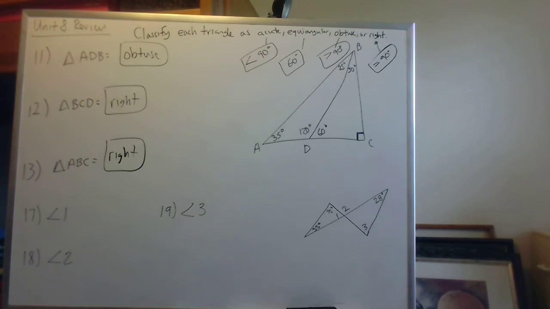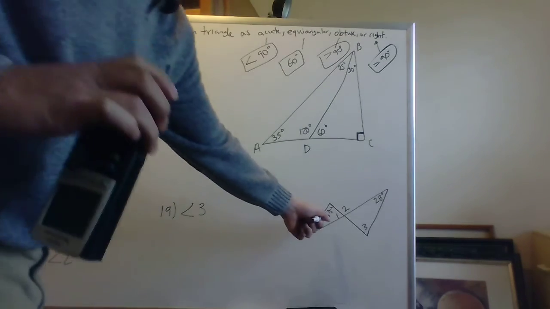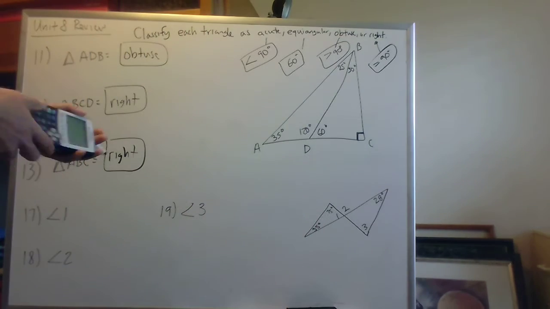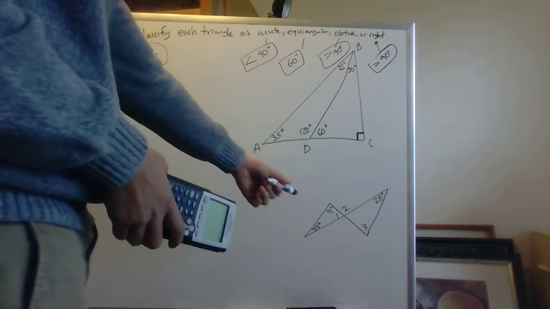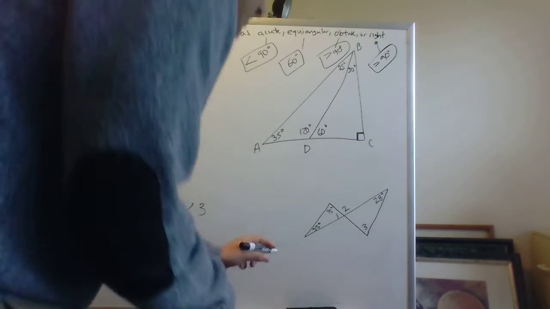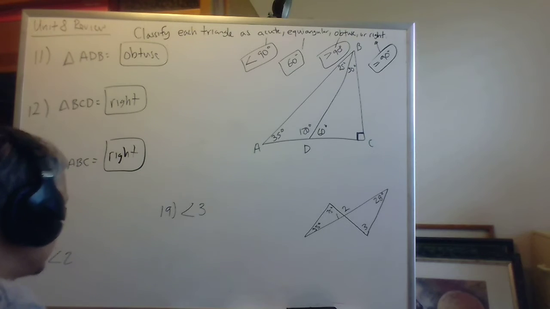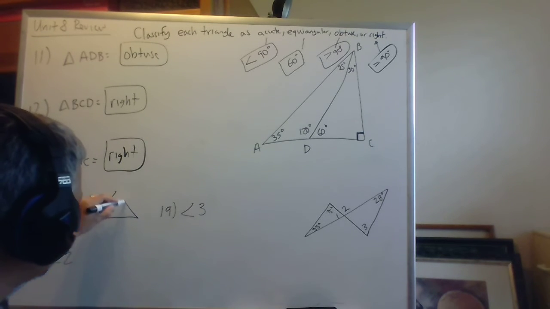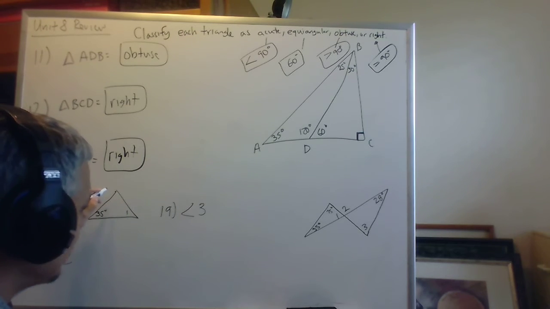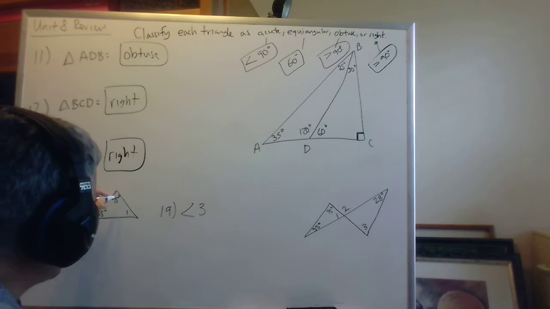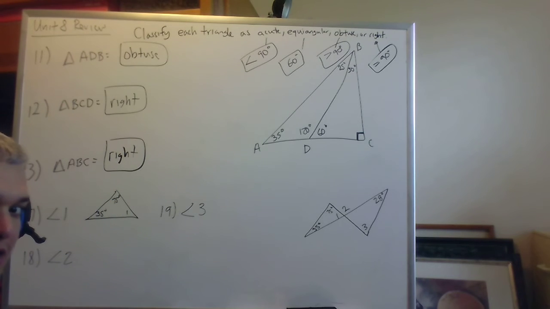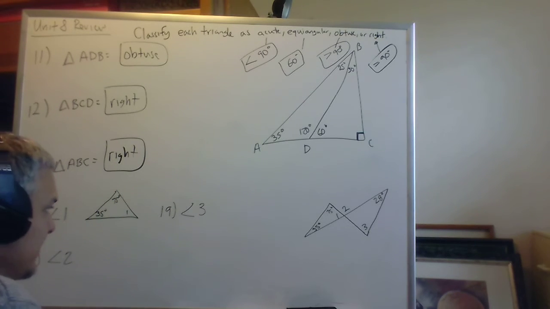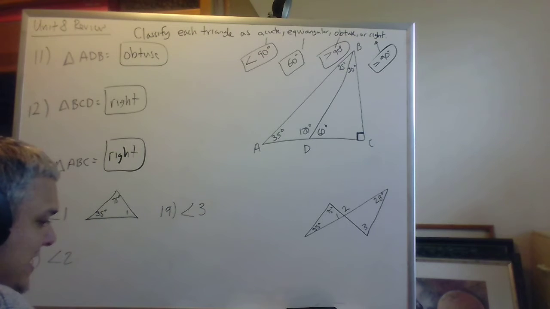Angle 1 is right here in this triangle. So I'm going to look at this triangle. We have a triangle for angle 1 that has 35 degrees, angle 1, and 75. Well, we know based on the properties of triangles that when you add the three angles together, they equal 180 degrees.